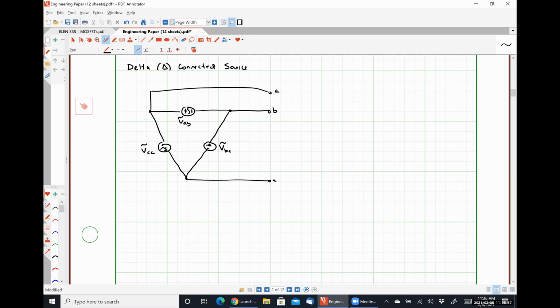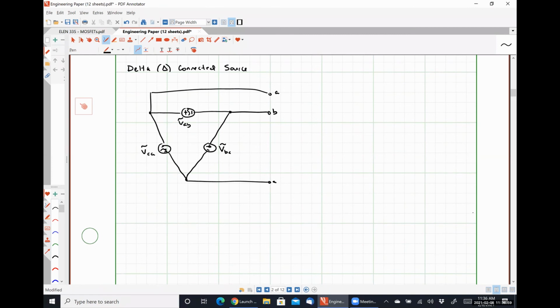In my opinion, a more simplified way to draw this system is this guy. A, B, and C, which makes this guy VAB.